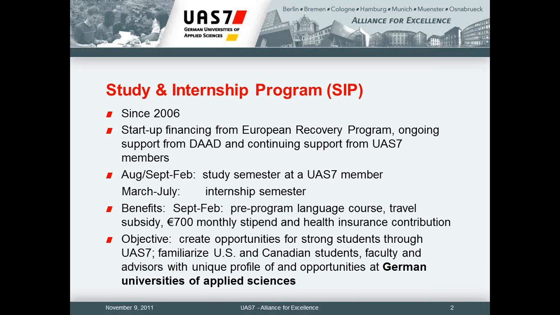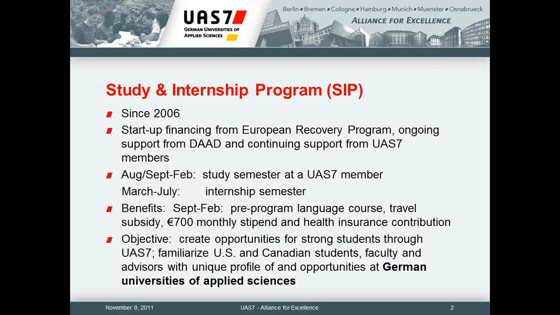During that semester, students are also actively seeking an internship, which they complete in the second semester from March through July. You also notice here that the German academic calendar is a bit different from the U.S. academic calendar, and the actual semester tends to start anywhere from late September to early October, depending on which institution you're working with.